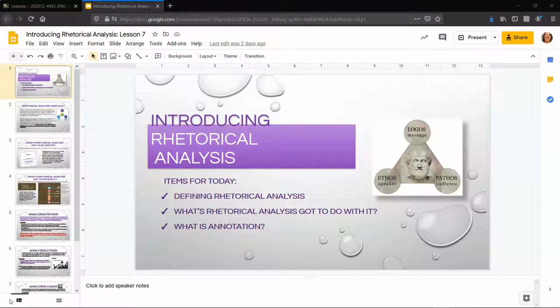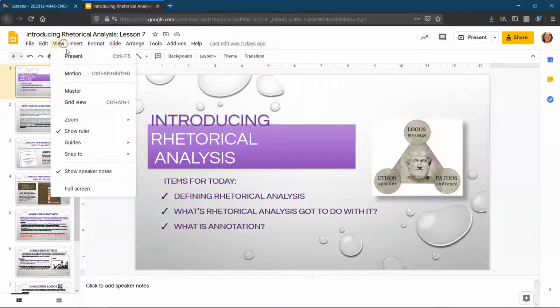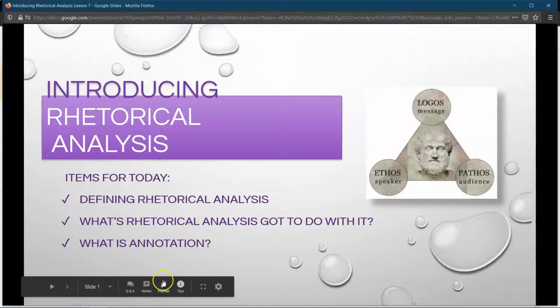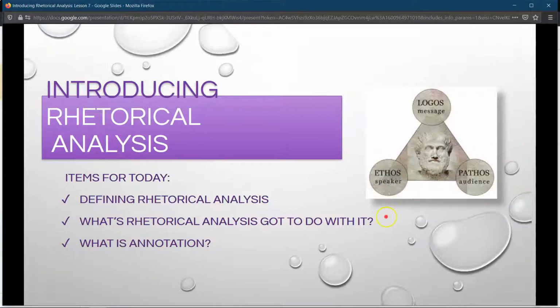So here's the lesson for today on introducing rhetorical analysis. The items for today are defining rhetorical analysis, what rhetorical analysis has to do with it, and what is annotation?